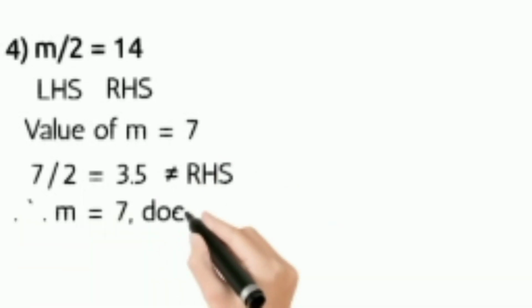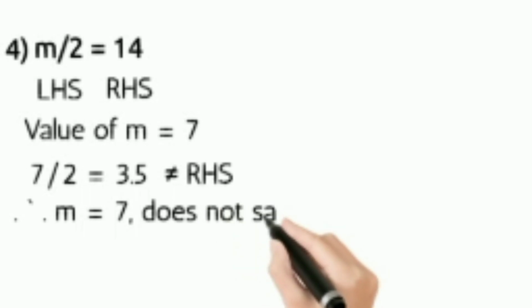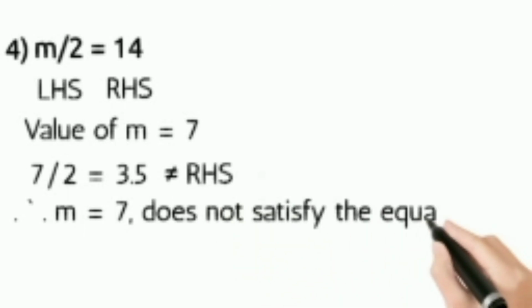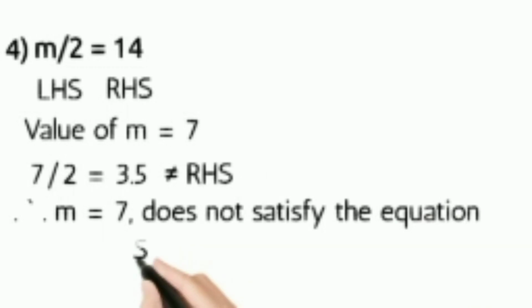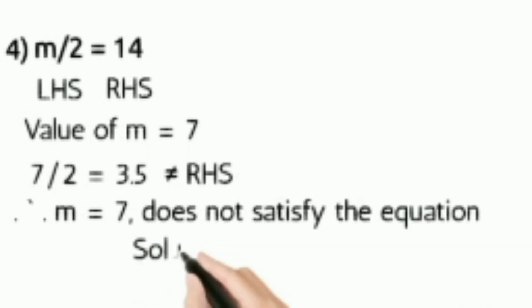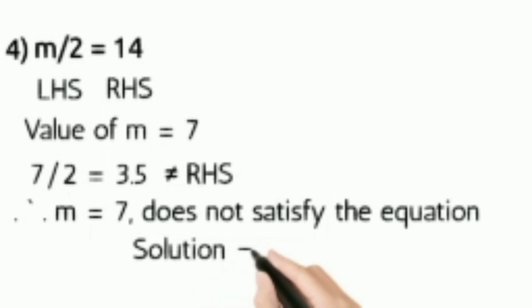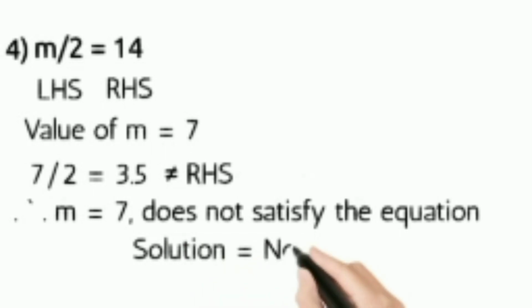So both the sides are not equal. Therefore, this does not satisfy the equation. So we can say that m is equal to 7 is not the solution to the equation. So we'll write no in question number 4 in the column provided.